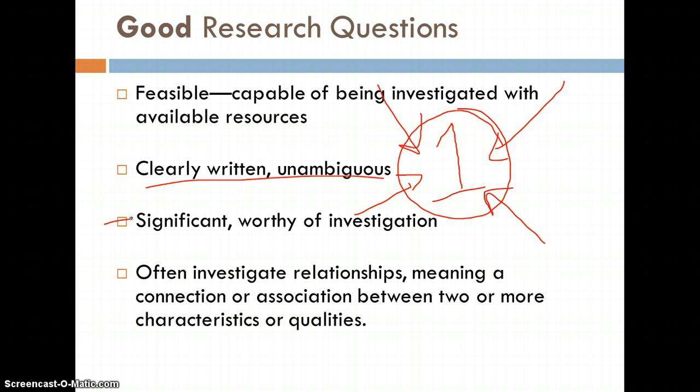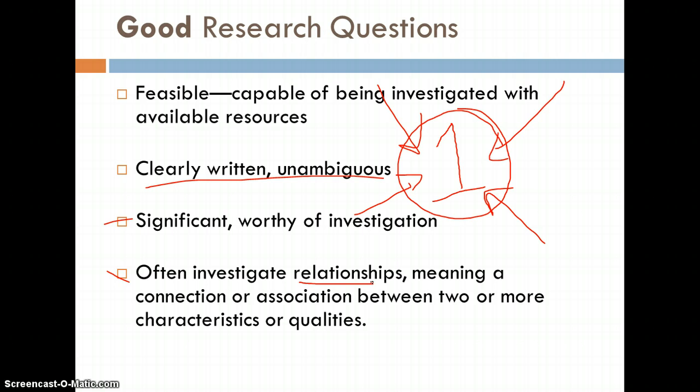Because remember, ultimately you're trying to make a contribution. You're trying to look at something that hasn't necessarily been investigated, or at least hasn't been investigated adequately, or in your context, or in the way that you're suggesting before. And we often investigate relationships, meaning that there's a connection or an association between two or more characteristics or qualities. Now, I've spent some slides that we just went through talking about how these are often characteristics of quantitative research when you're talking about relationships, and it's more often going to be processes or problems when you're talking about qualitative.